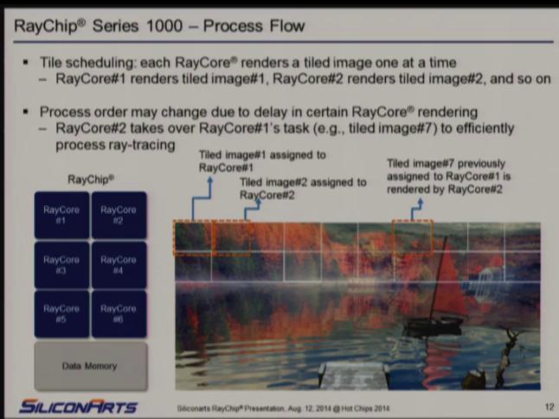Tile scheduling further enhances rendering efficiency by dynamically allocating a RayCore to a certain tile block. For instance, when one of the RayCores is in idle mode after finishing its predetermined task, the tile scheduler allocates the next tile to this RayCore.